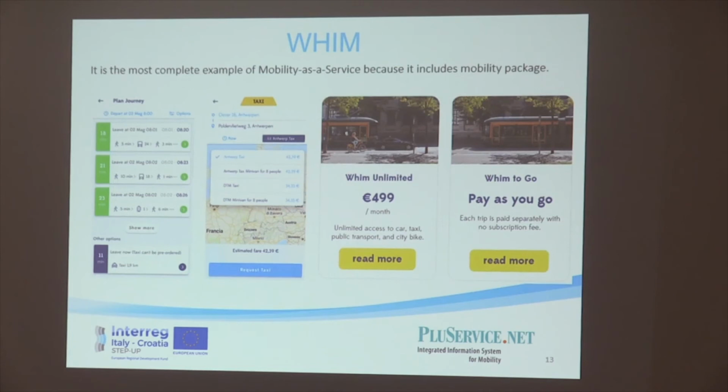The last one is WIM. WIM is the most complete example of mobility as a service because it includes mobility packages.